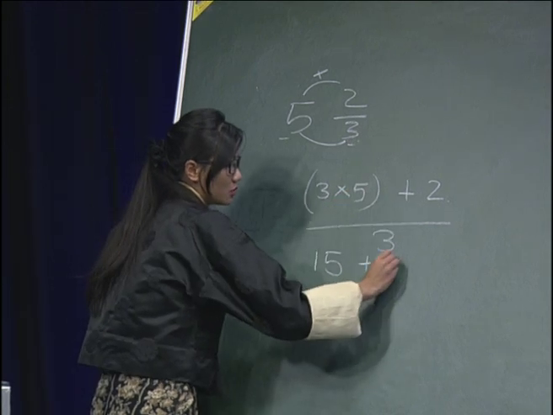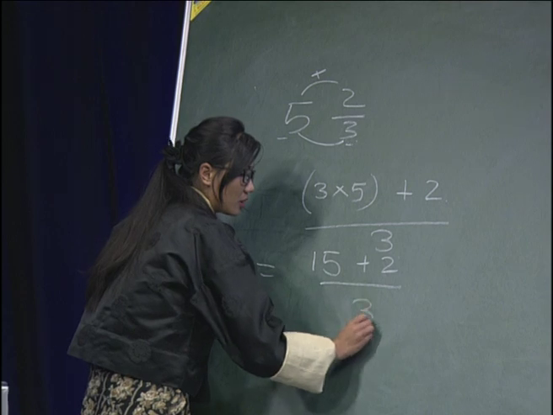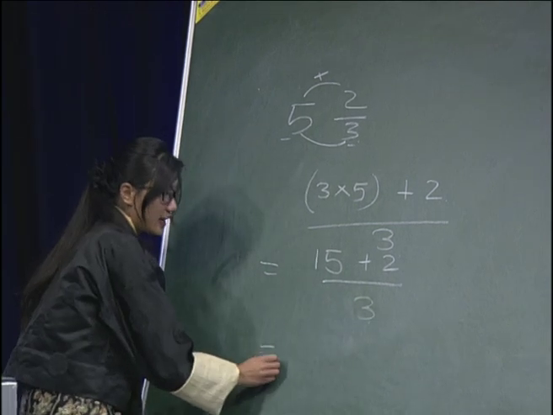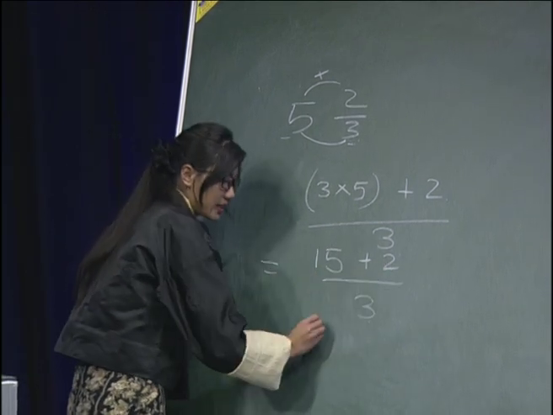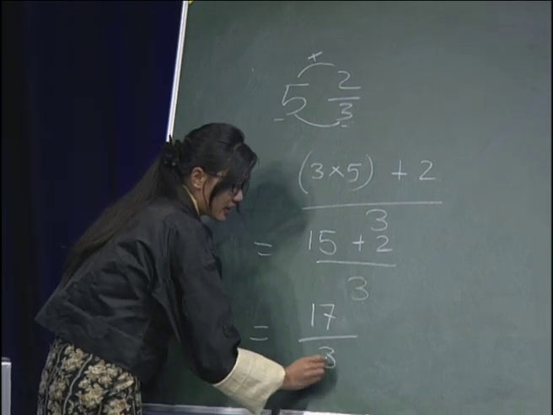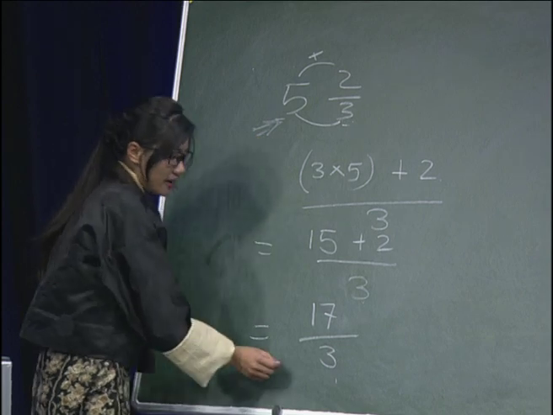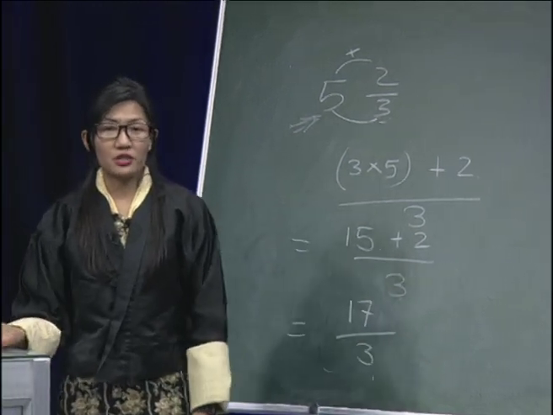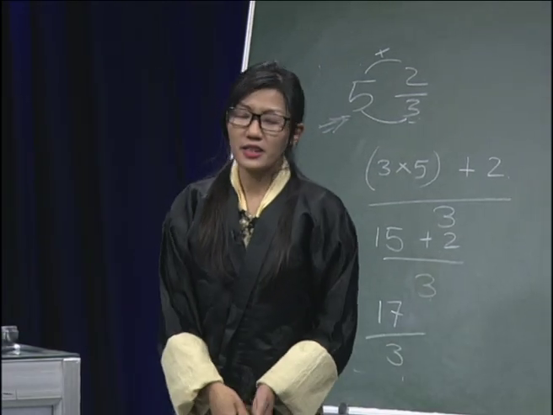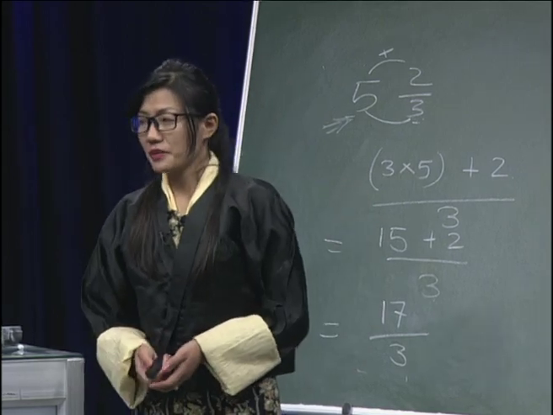Add this 2. Keep the denominator as it is. Your final answer is 15 plus 2 is 17 divided by 3. This is the mixed number which you have converted to an improper fraction in a jiffy, right? It's very easy, isn't it?